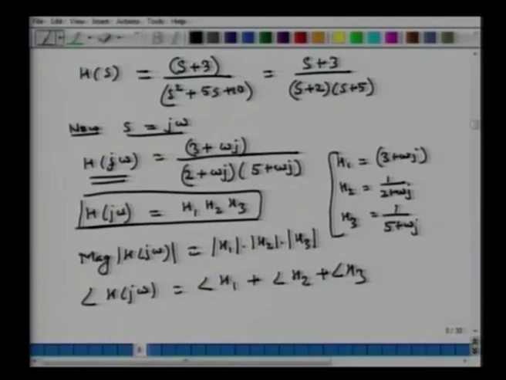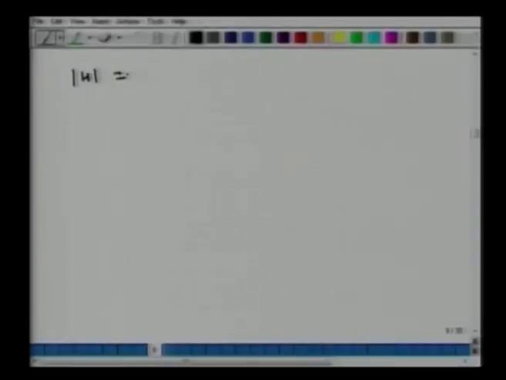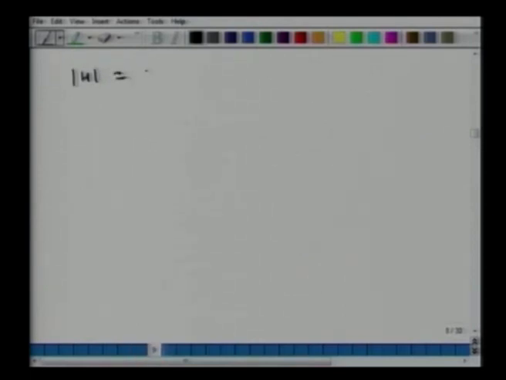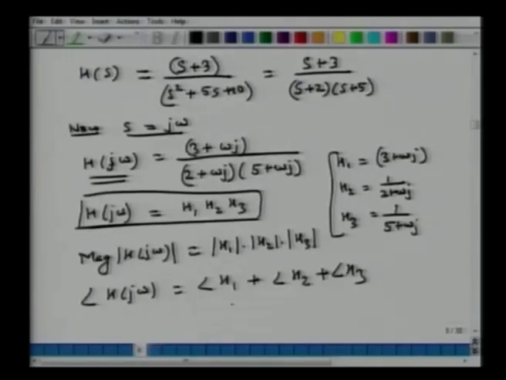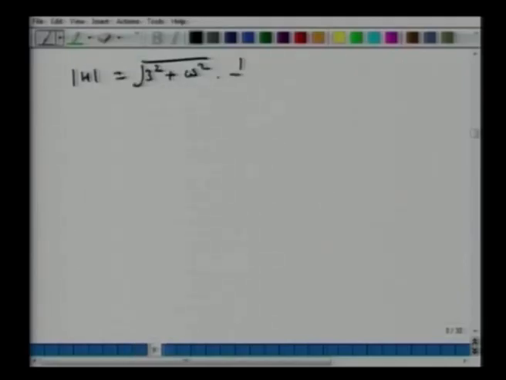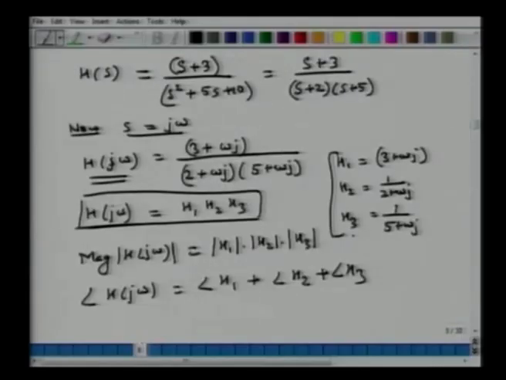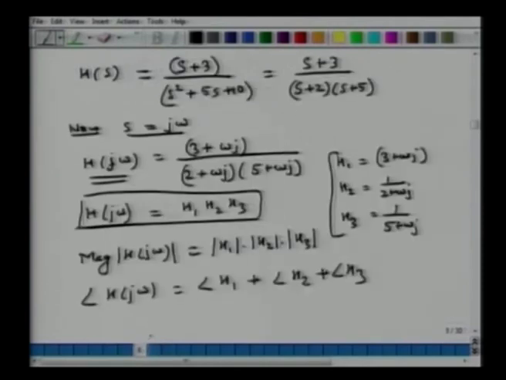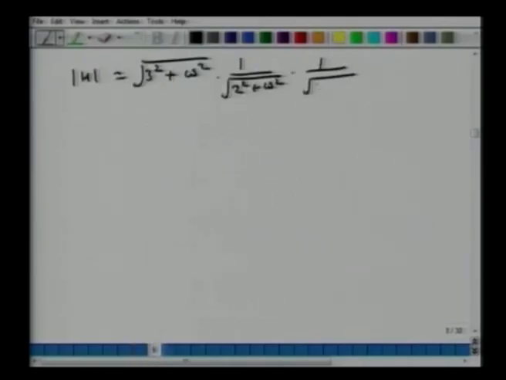So the magnitude of H is basically the magnitude of H1, and H1 is 3 plus omega j. So the magnitude of H1 is the square root of 3 square plus omega square, times the magnitude of H2, which is 1 over the square root of 2 square plus omega square. And then similarly I have to write down the magnitude of H3. So it is 1 over the square root of 5 square plus omega square.